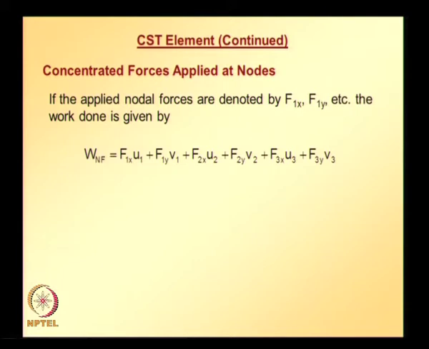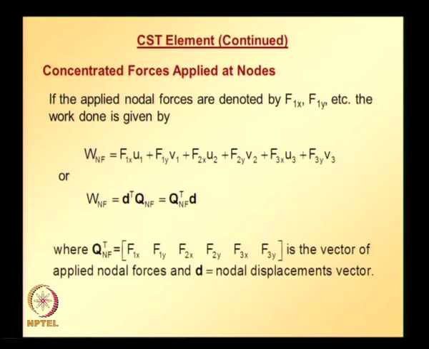We get the work done by the applied nodal concentrated forces, and this can be compactly written like this, where a vector consisting of nodal forces is defined and d as usual is the nodal displacement vector.